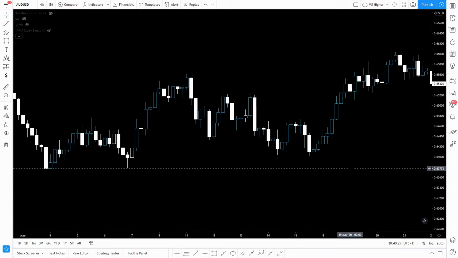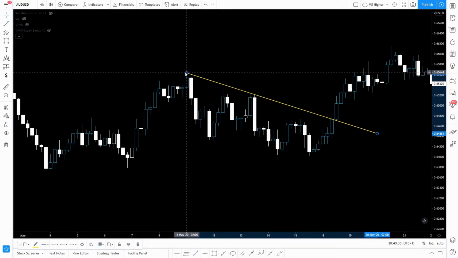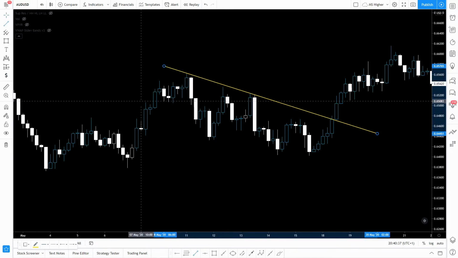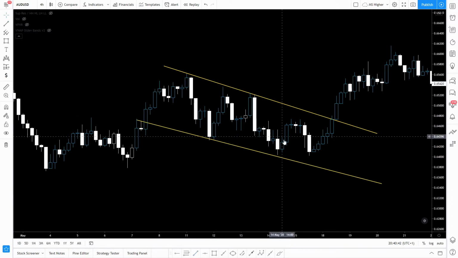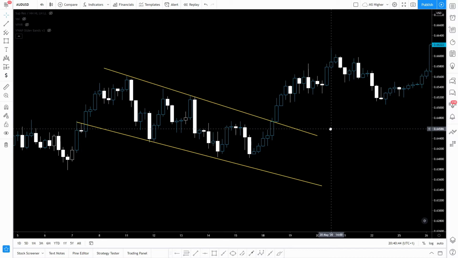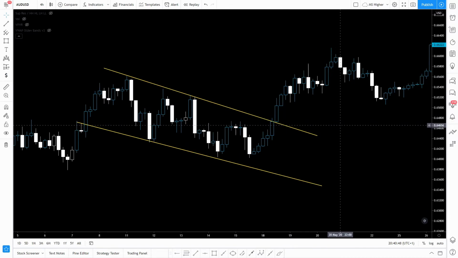A nice little channel breakout right there. So in the channel, come out. Didn't really get, okay, you got a little pull out there, came back, touched it.